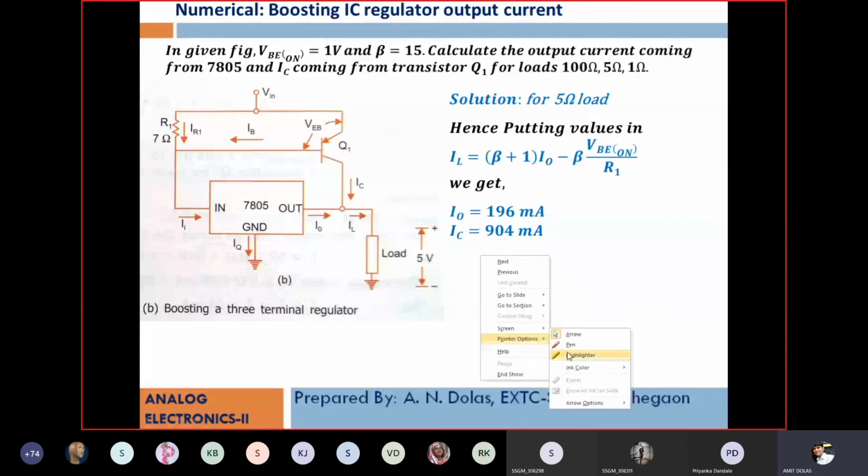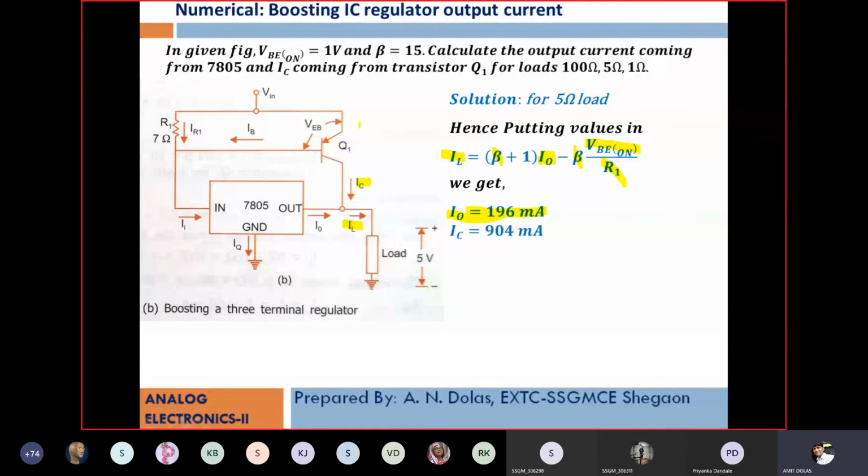If you calculate with the help of this formula, you will get the value of I0 because the remaining are known. IL I know, that is 1 ampere, beta I know, that is 15, VBE on is 1 volt, R1 is 7 ohm. All are known quantities, the unknown is I0, and that comes to 196 milliampere. This 196 milliampere is subtracted from the load current, then we get the current coming from the transistor. So 1000 minus 196.